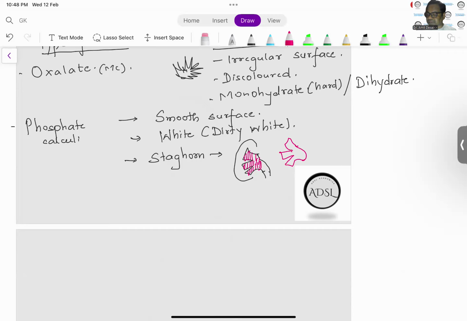This is a complete staghorn calculus. If instead of three, it occupies two of the calyces, then it will be called an incomplete staghorn calculus.